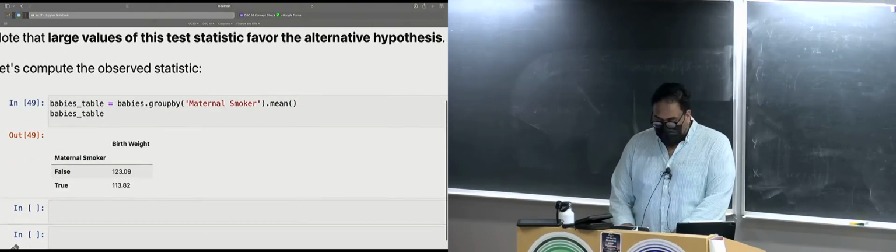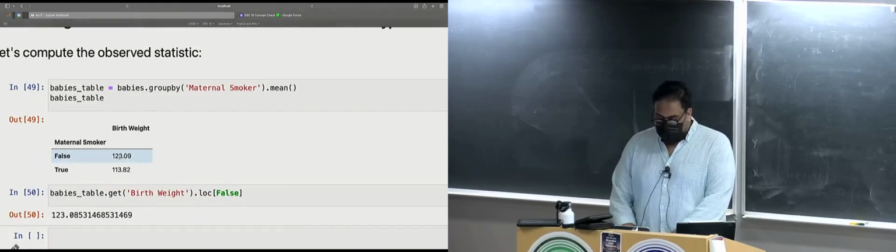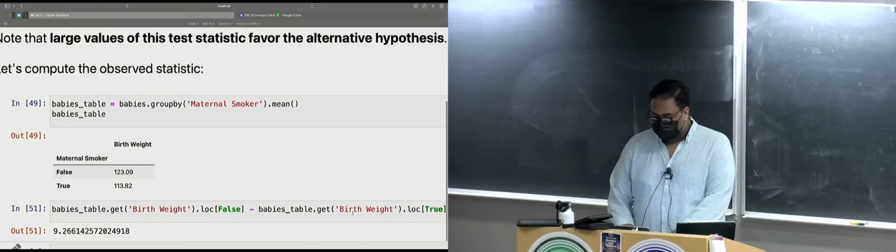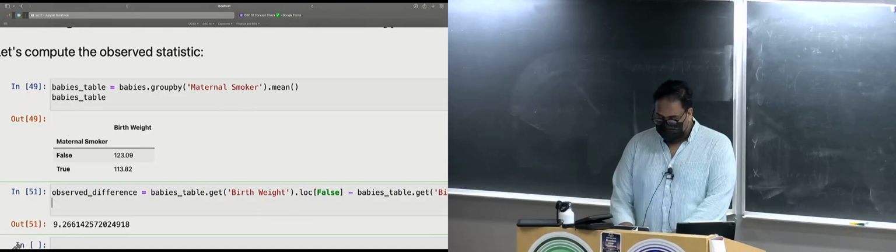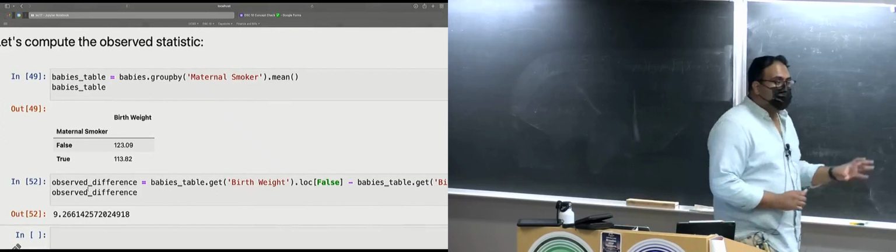And all I need to do now is use this variable, get the birth weight column, and dot loc false. So that'll be 123.09 or whatever. And subtract from that dot loc true. So this right here is my observed difference. But it's really my observed test statistic. Do we agree that this is the observed test statistic?